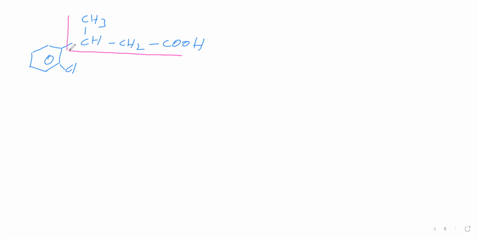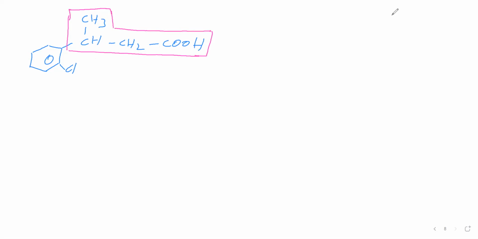Next, we will take here phenyl ring, here Cl, here CH3, here CH2, COOH. Here, let us select a parent chain. Parent chain is this one.